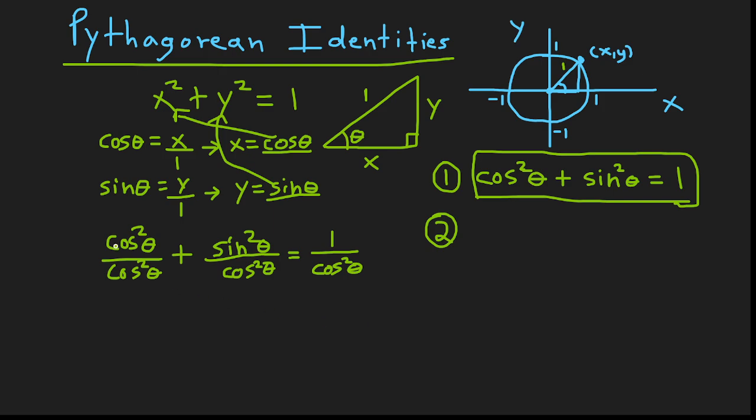So when we do that, cosine squared theta divided by cosine squared theta is just going to give us 1. And then sine squared theta divided by cosine squared theta is going to be tangent squared theta. And then 1 over cosine squared theta is going to give us secant squared theta.